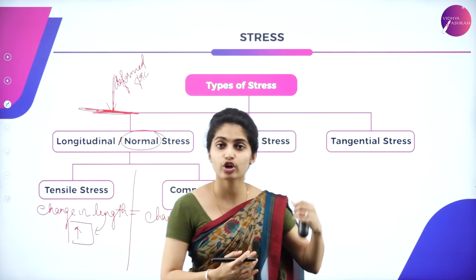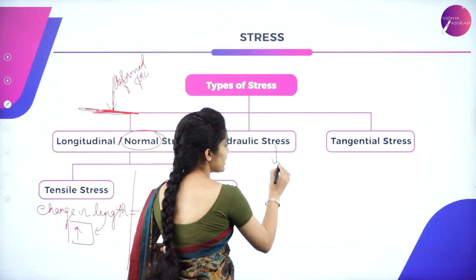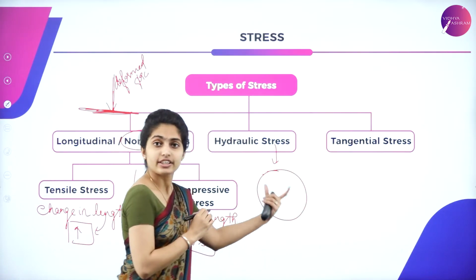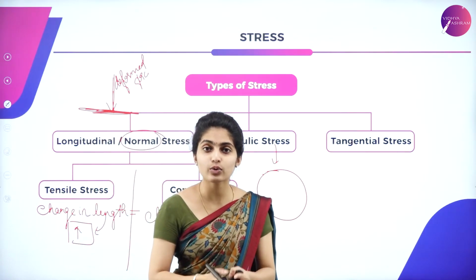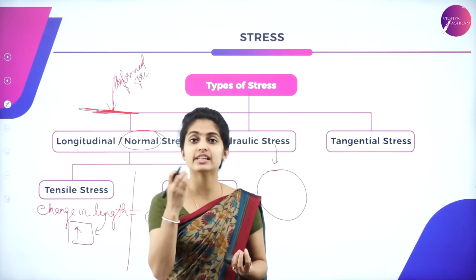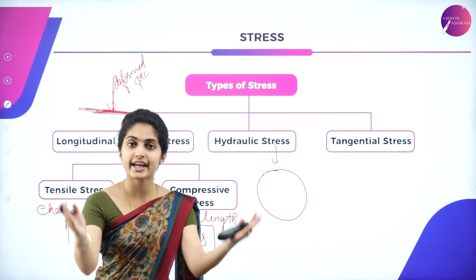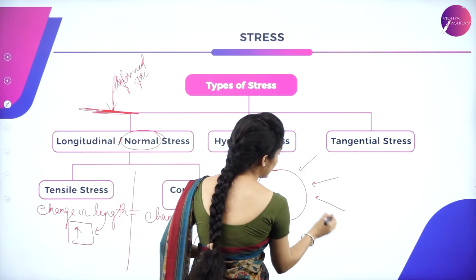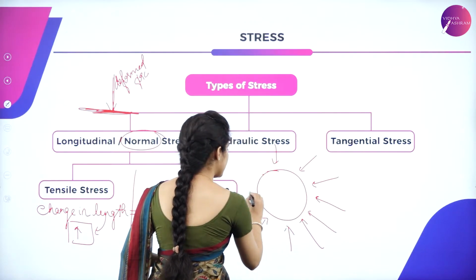Now you have hydraulic stress. Hydraulic stress is a stress wherein the deforming forces act equally on the external part of the object. So the externally applied deforming forces are acting equally on all sides, not only on one side.